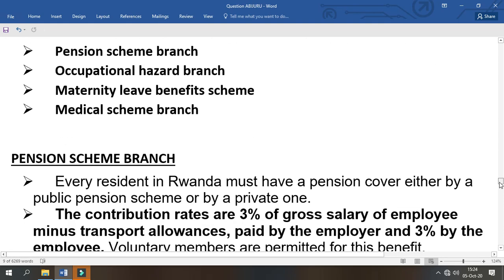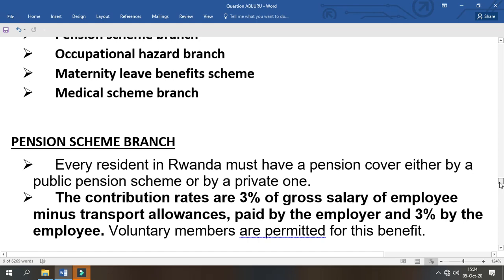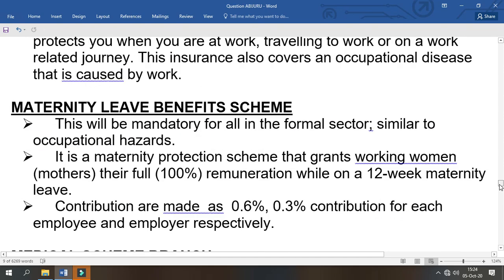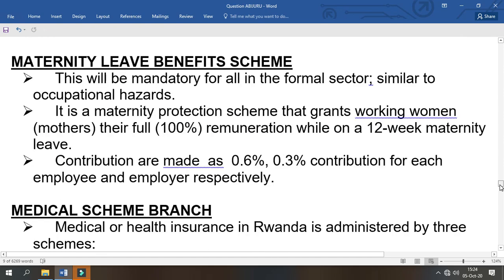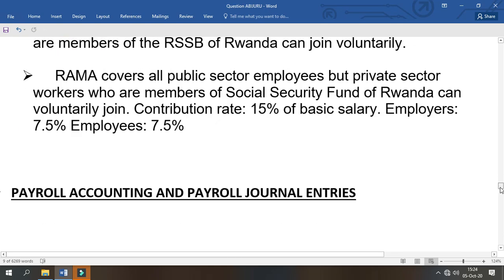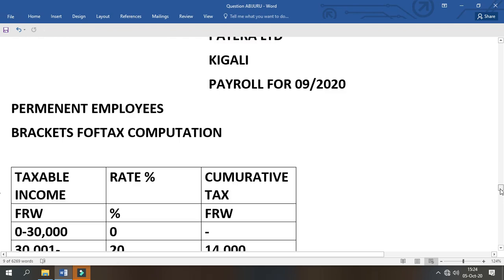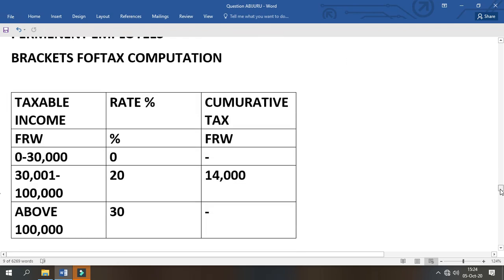We also gave the detail about these schemes, and we made the payroll accounting and the payroll journal entry for the permanent employees.